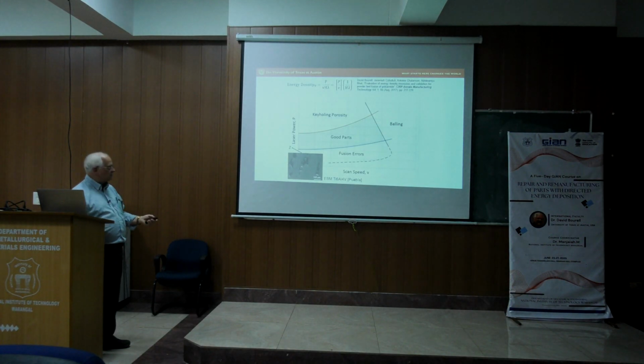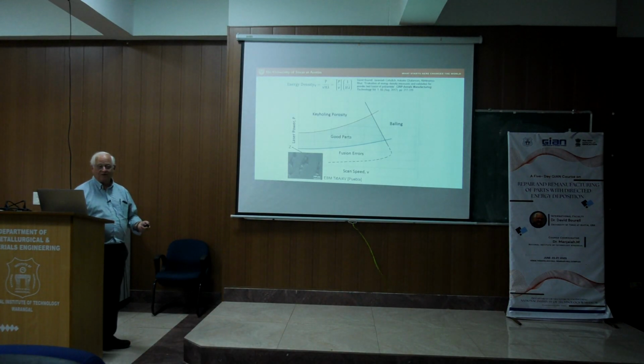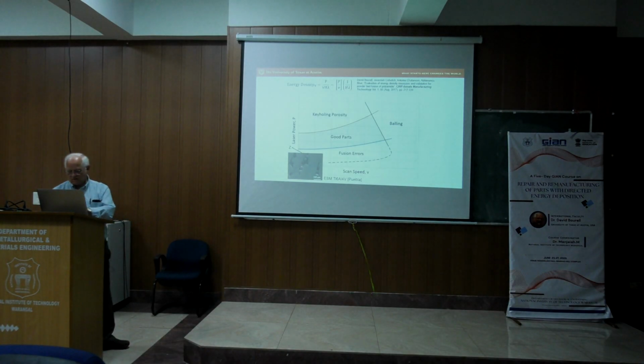This is a powder-based micrograph. There simply wasn't enough energy to melt everything, so we get these very large areas of porosity. This is quite exaggerated here, and that's what we see down here in the fusion error region.